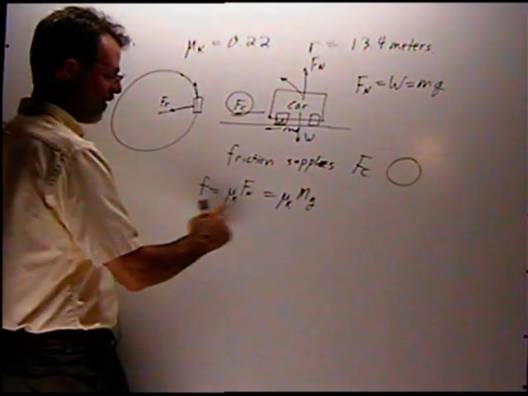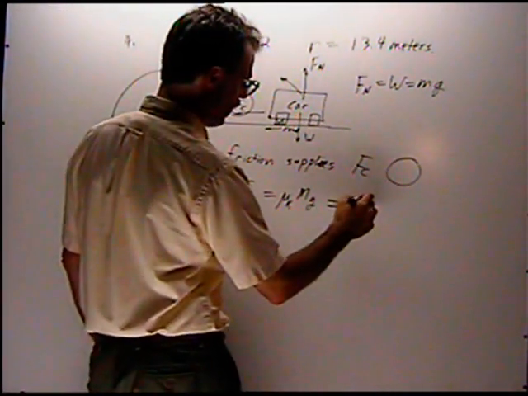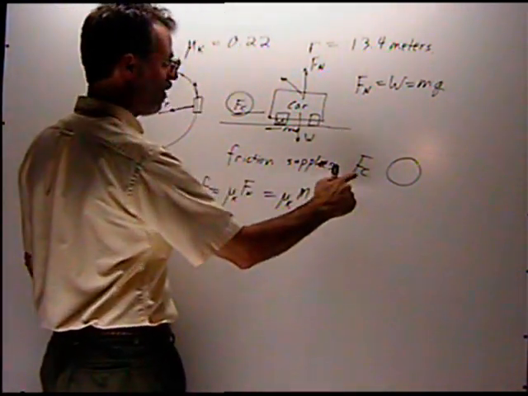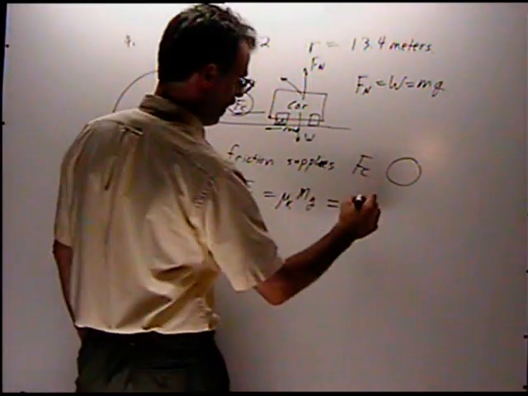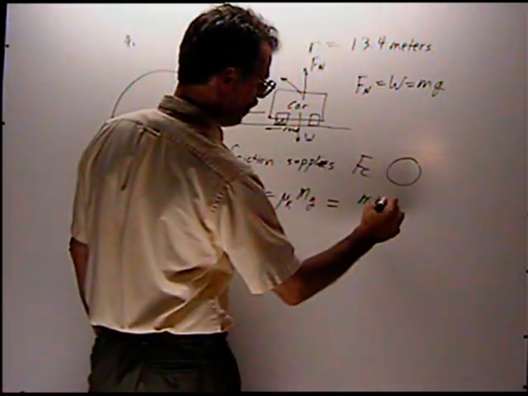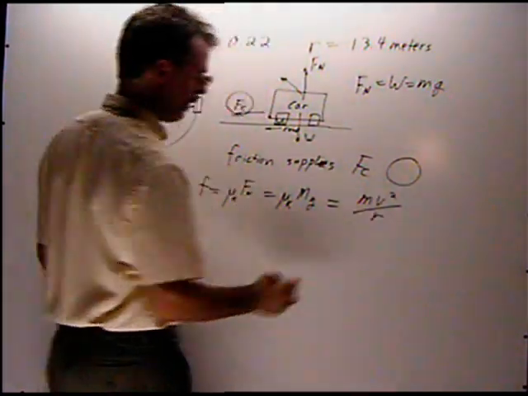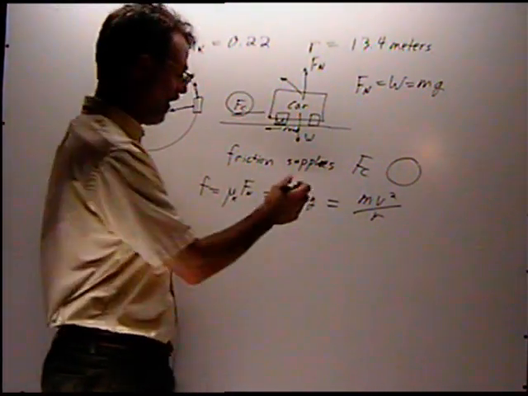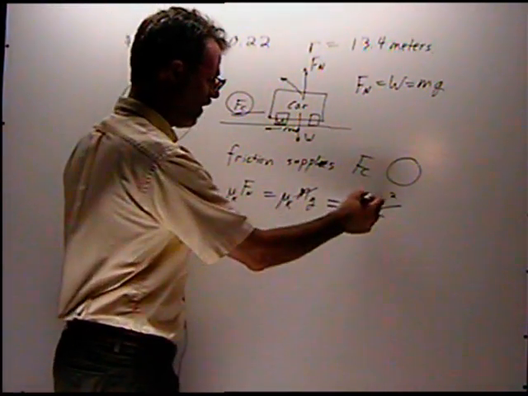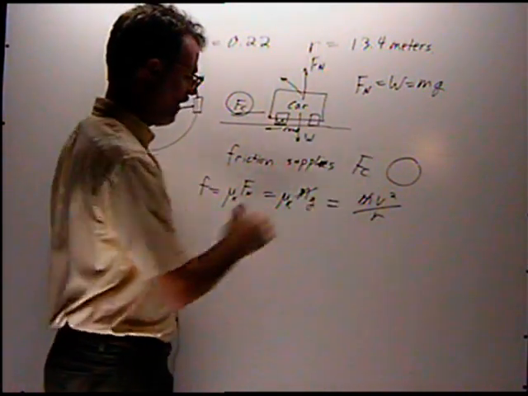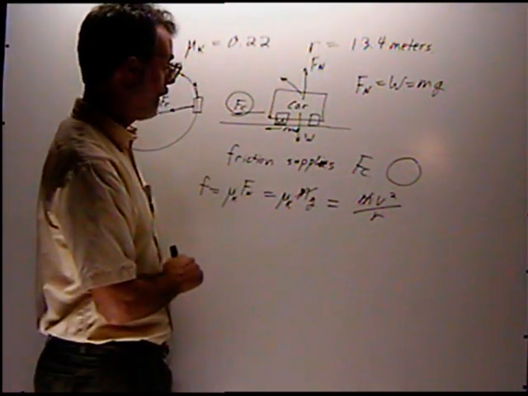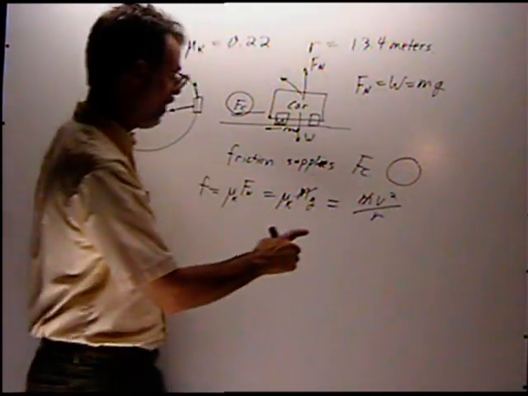Now, this friction also supplies the centripetal force necessary to move it in a circle, mv squared over r. Notice that the two masses cancel out. And we can go ahead and solve for v.